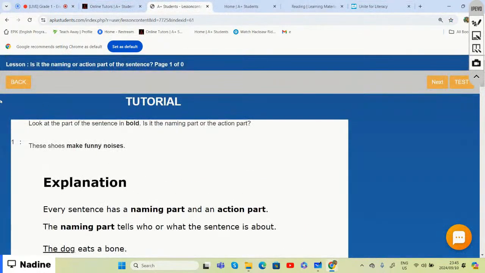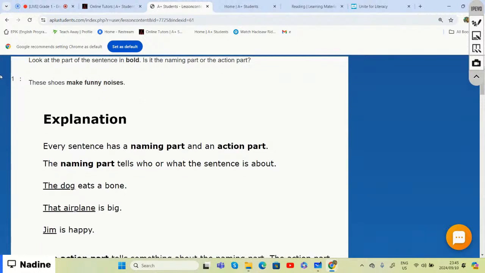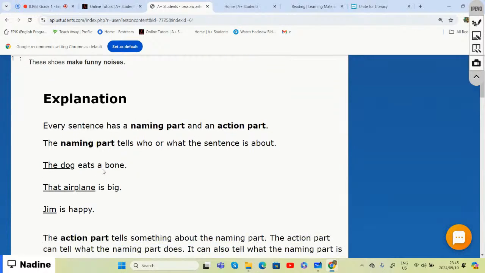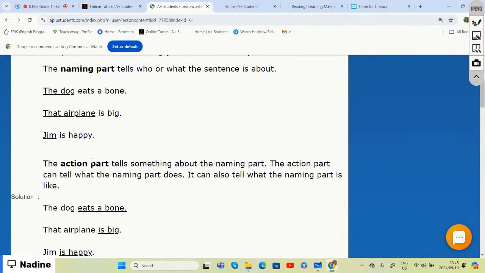So before we end our lesson, we did naming parts. We said that when it comes to sentence parts, we have a naming part and we have an action part. A naming part tells us who or what the sentence is about. It can be a person, an animal, or a thing. And an action part tells us something about the naming part.